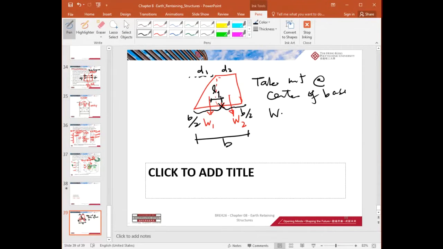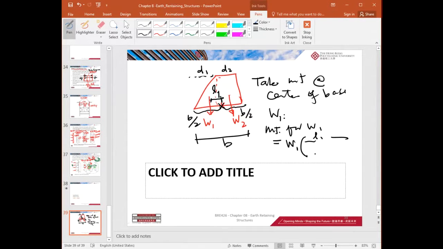What's the moment for W1? Is equal to W1, the moment, right? For W1 is equal to what? W1 times what? What's L1? How can you calculate the L1?